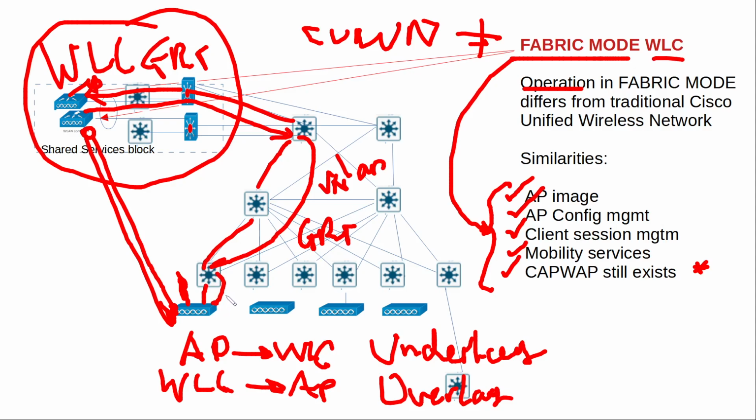Remember that there is also a VXLAN tunnel here between the edge node and the access point. So just remember that the access point traffic to the wireless LAN controller will use the underlay, and the traffic coming back will use the overlay.